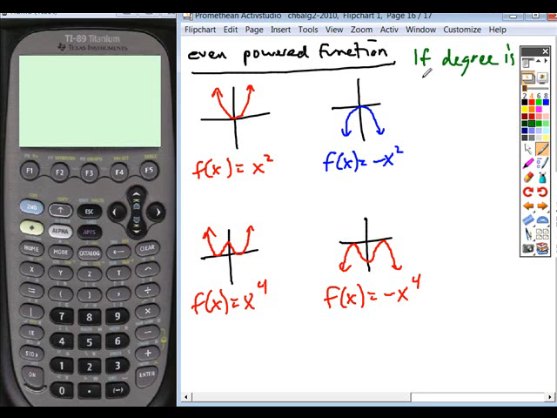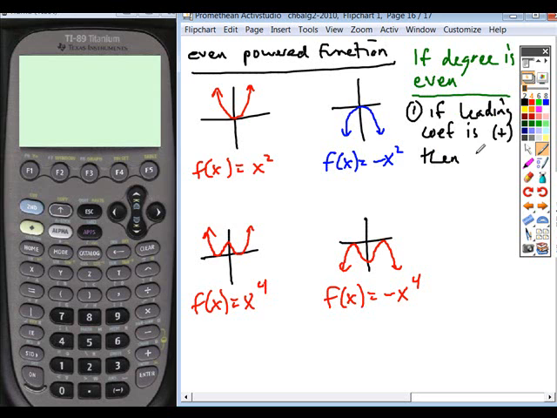if degree is even, again you have to look at the leading coefficient. If the leading coefficient is positive, then the graph will open up to the left and up to the right.